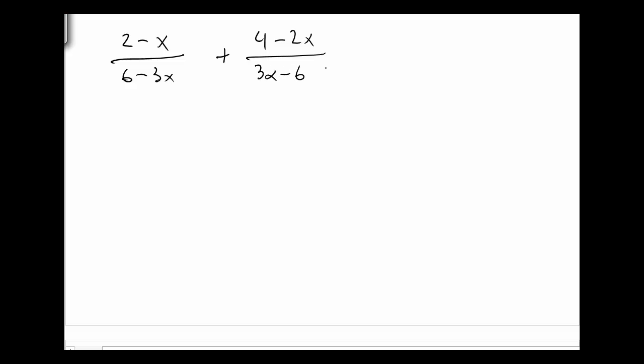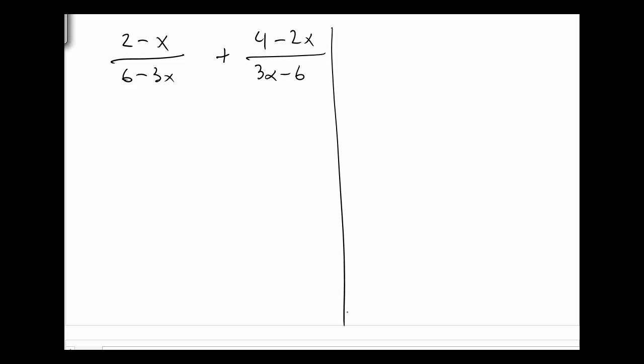Okay, so I want to do two sample problems that are a little bit more our speed as far as algebra skills go. So 2 minus x over 6 minus 3x plus 4 minus 2x over 3x minus 6.